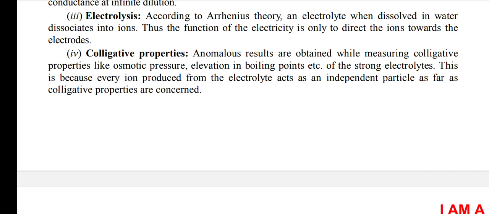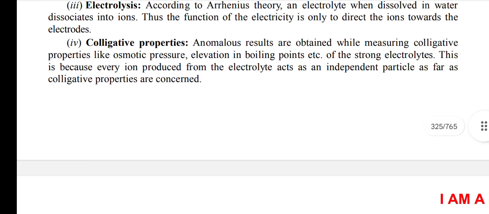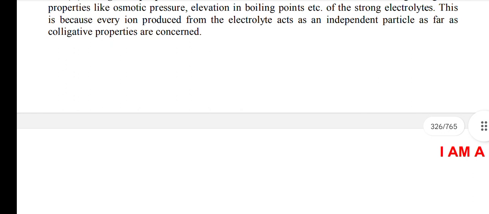Anomalous results are obtained while measuring colligative properties like osmotic pressure, elevation in boiling point, etc. of the strong electrolytes. This is because every ion produced from the electrolytes acts as an independent particle as far as colligative properties are concerned.